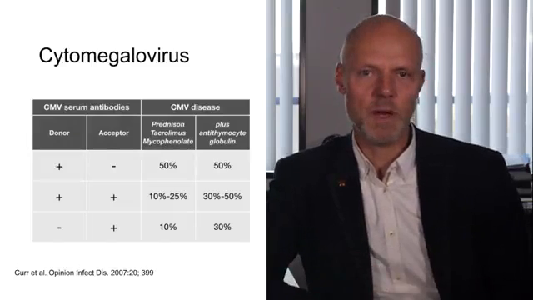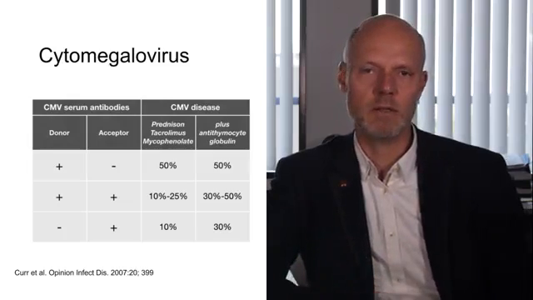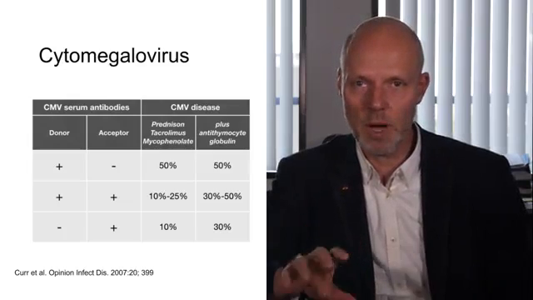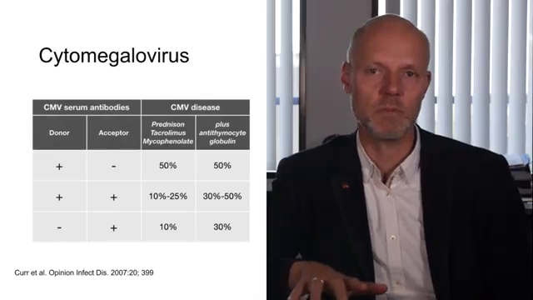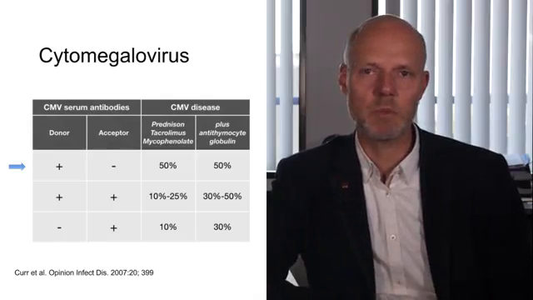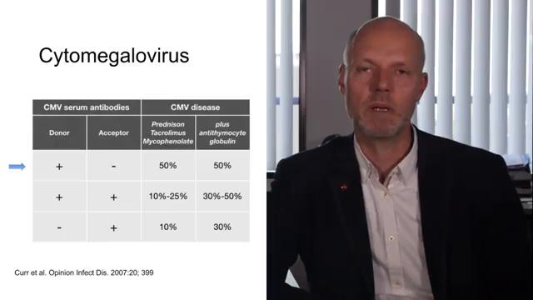Like all herpes viruses, primary infection with CMV results in lifelong latency. As with many infections, the chance that you have acquired CMV increases with age. In transplantation, CMV is most commonly transmitted by the latently infected organ from a seropositive donor.